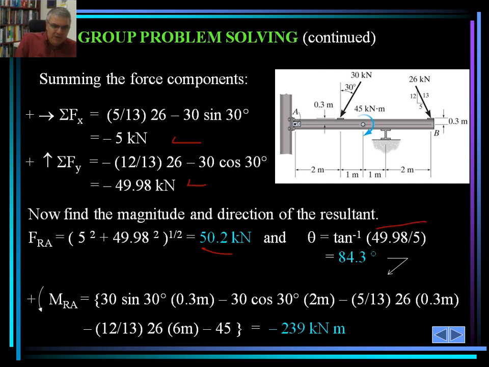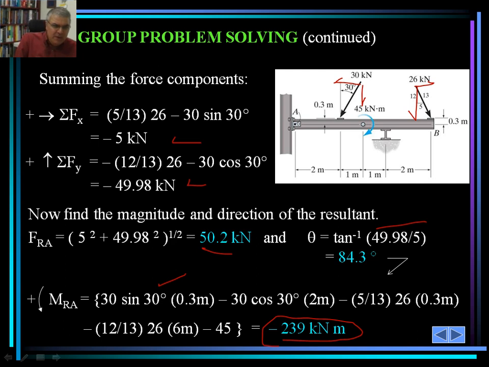For M sub RA, again, the positive direction is counterclockwise in this case. We are going to take care of that, and the result will be minus 239 kilonewton meter. Note that when I consider M sub RA, some components of these forces, whether x or y, may or may not cause any moment about A. In this case, all four of them did contribute to the moment.